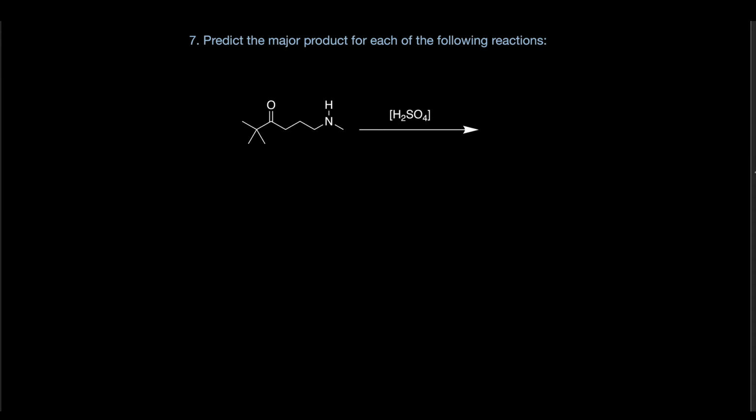So similar to our last example, this is an intramolecular reaction. The difference here is that instead of using a generic acid, we have H2SO4. We know from the last example that an intramolecular reaction will form a ring. Let's identify our nucleophile and electrophile. Let's count the number of carbons.